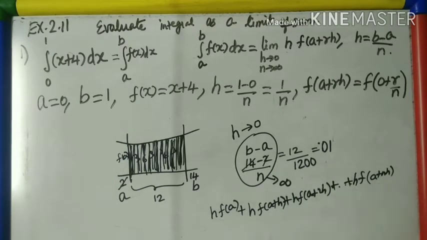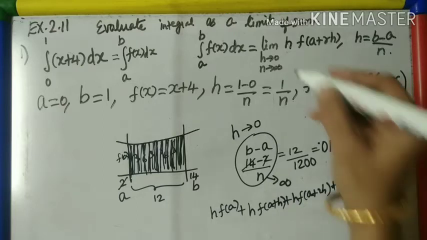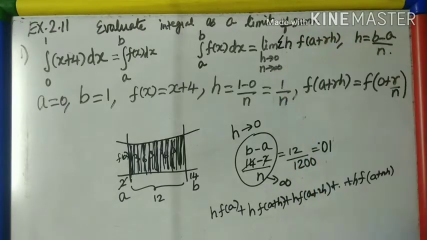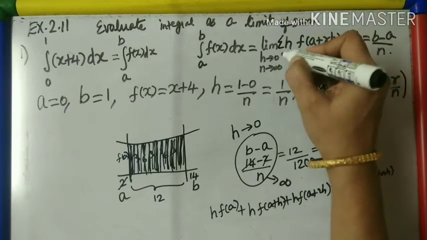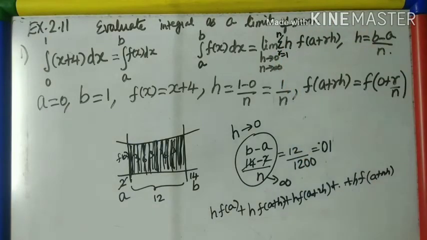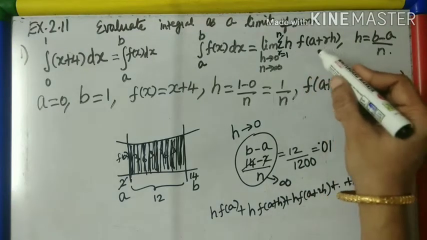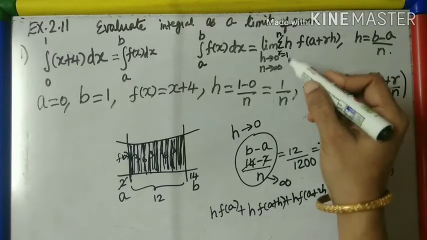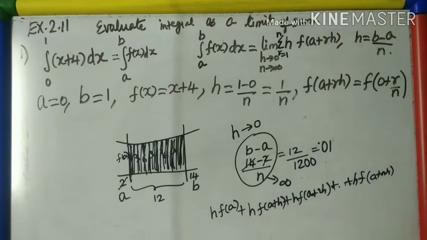Whenever I am adding, I will use the letter sigma. From where to where? From first number to nth number. So I will write r ranges from 1 to n. When I range it from 1 to n, f of a plus rh, r ranges from 1 to n. And how will I get it? h into f of a plus, whether it is 1h or 2h or 3h like that.